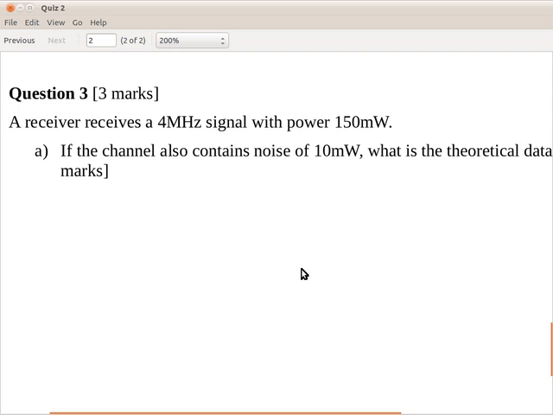Convert to decibels: 10 log base 10 of the ratio, or more precisely, 150 divided by 10. Log base 10 of 15 is 1.17, multiplied by 10, 11.7 dB, approximately.